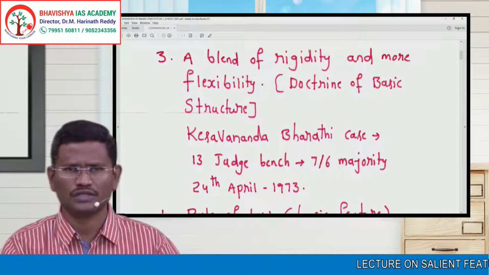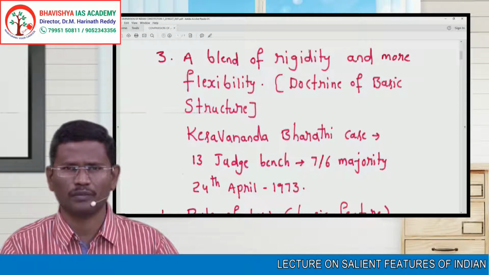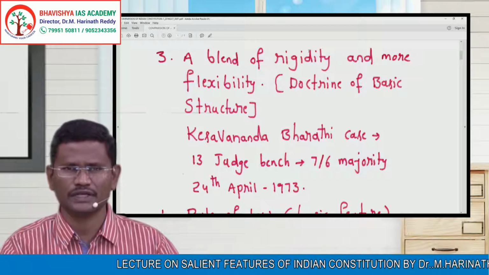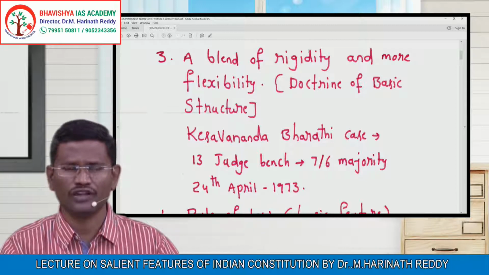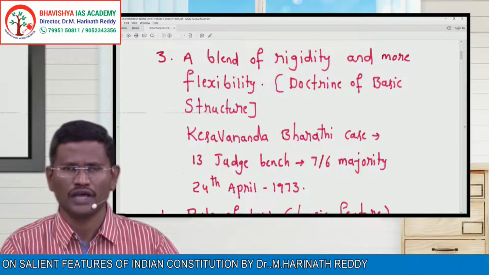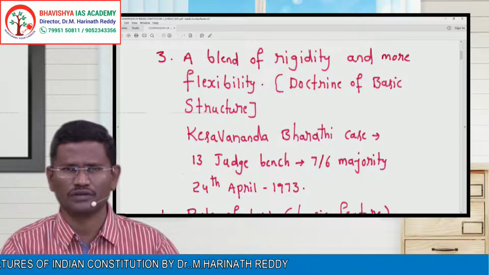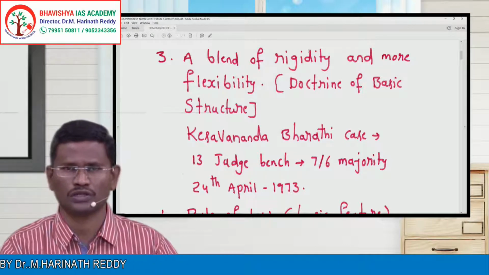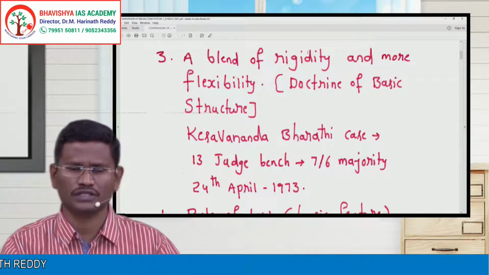This doctrine says the power of the Indian Parliament to amend the Constitution under Article 368 is limited. It cannot amend every feature of the Indian Constitution. Especially the basic features are beyond the power of the Indian Parliament to amend. So that's one important point, the third salient feature.